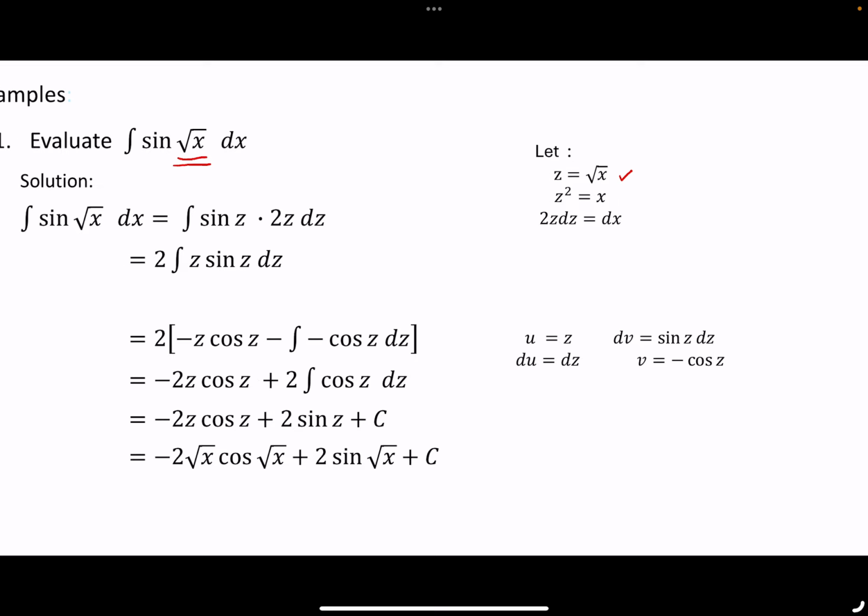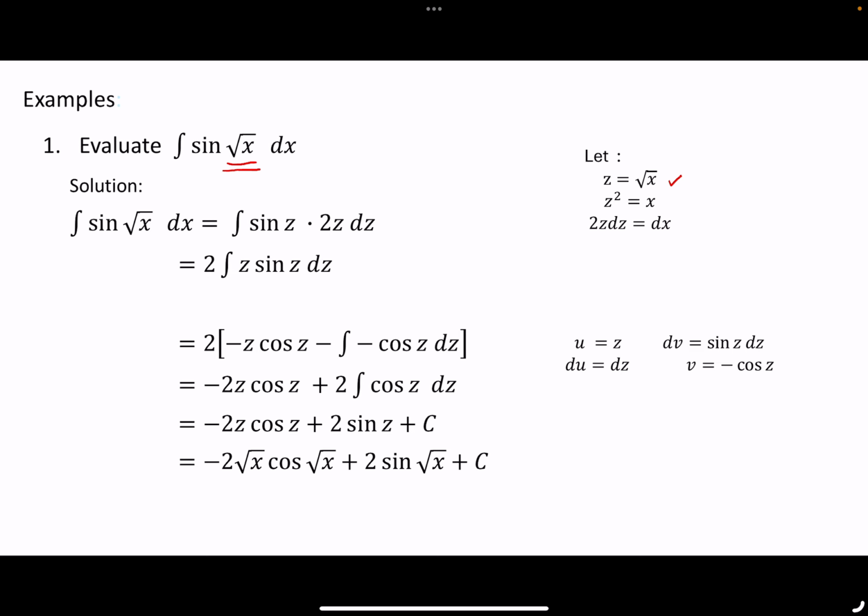We are going to plug in now square root of x is equal to z and dx equal to 2z dz. So from the original integral, we have sine of square root of x, so sine z, and your dx is 2z dz.